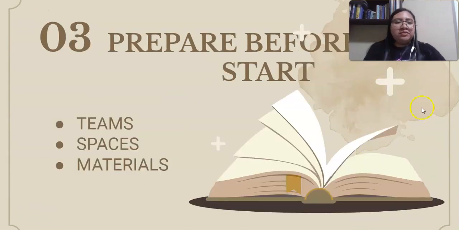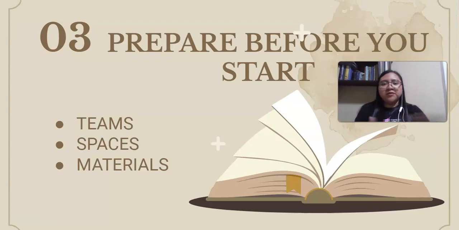Then you're going to prepare. So you have to prepare before you start. You need to prepare your themes, your spaces, and your materials. Like you say, okay, I'm going to work with groups. So this is my first group. So you divide your students into teams. Remember to work in small groups. If you have a lot of students, try to divide them into groups in which you think they are going to participate.